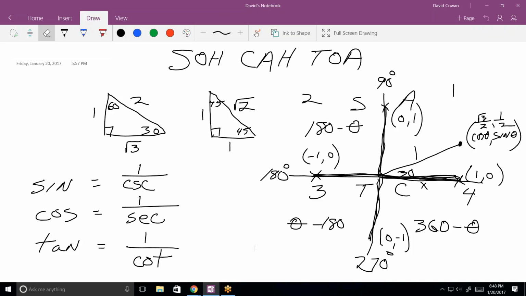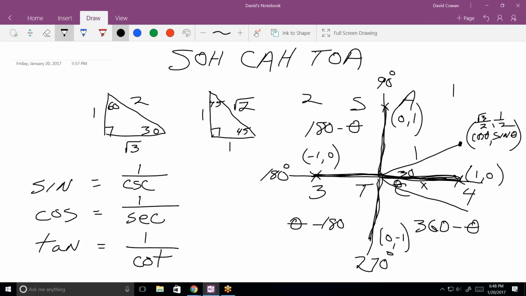Yeah, that's helpful. Notice that all these angles are measured counterclockwise. Plus angles are counterclockwise, minus angles are clockwise. So if I'm talking about a negative 30-degree angle, I'm talking about that one right there. It is the same as 330, but I don't need to necessarily use that information.